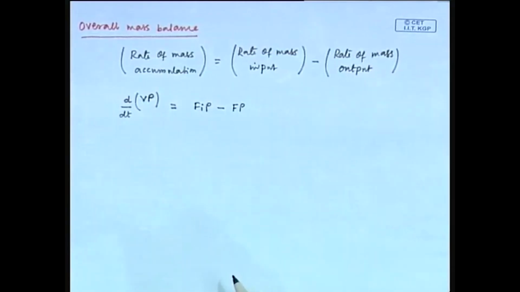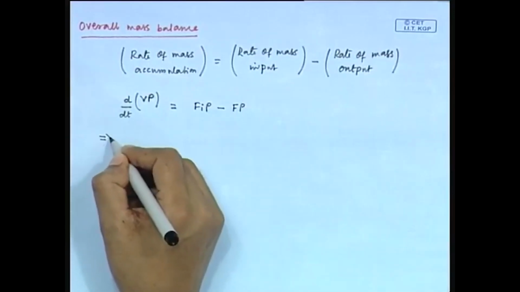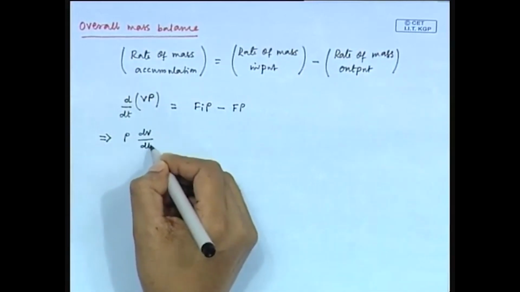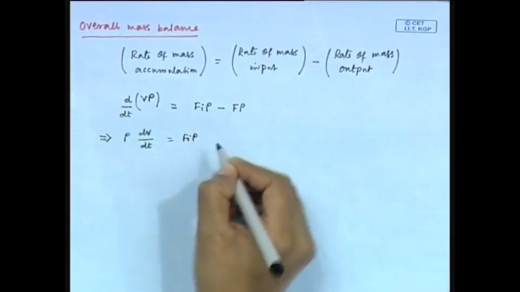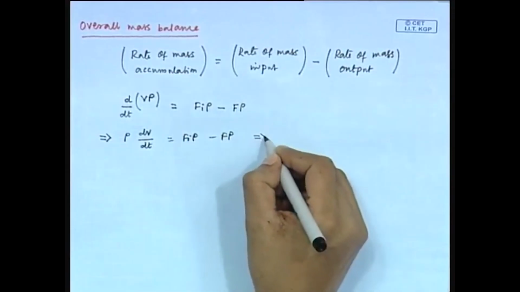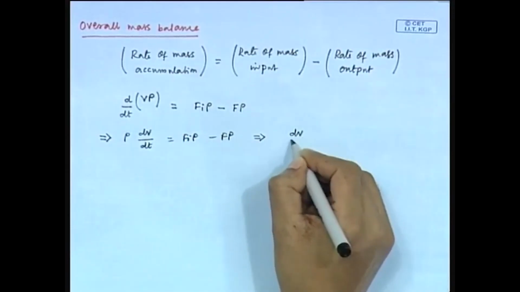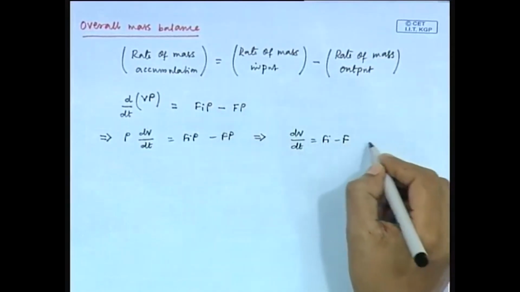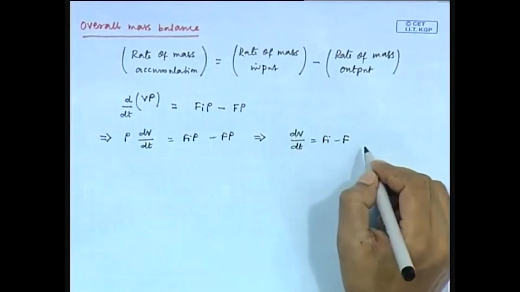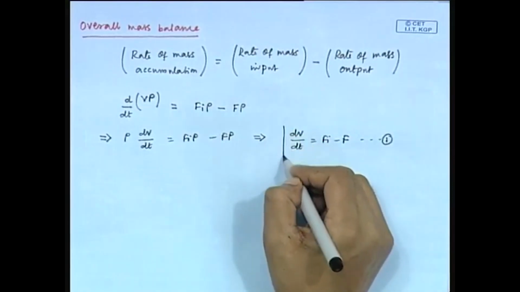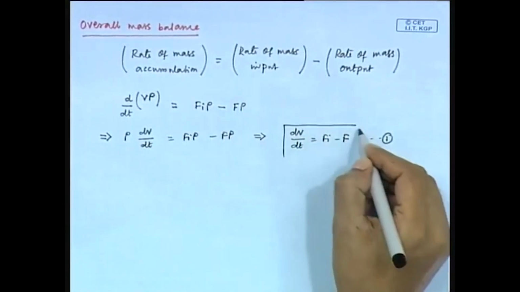Now, we have assumed that rho and Cp both are constant. If rho is constant, then we can write rho dV/dt equals Fi rho minus F rho. That means dV/dt equals Fi minus F. Suppose this is equation number 1. So, this is the mass balance equation.